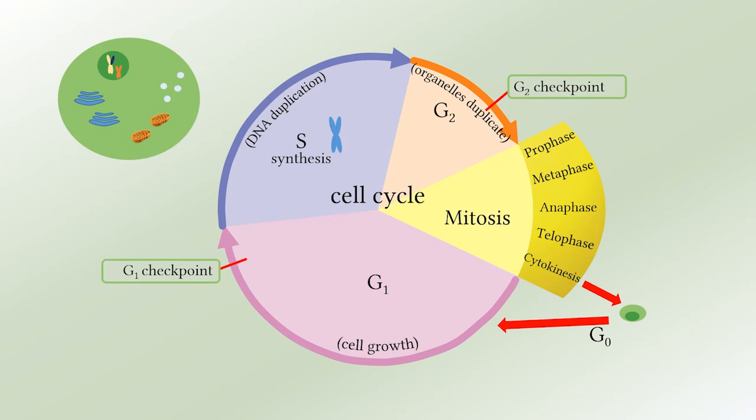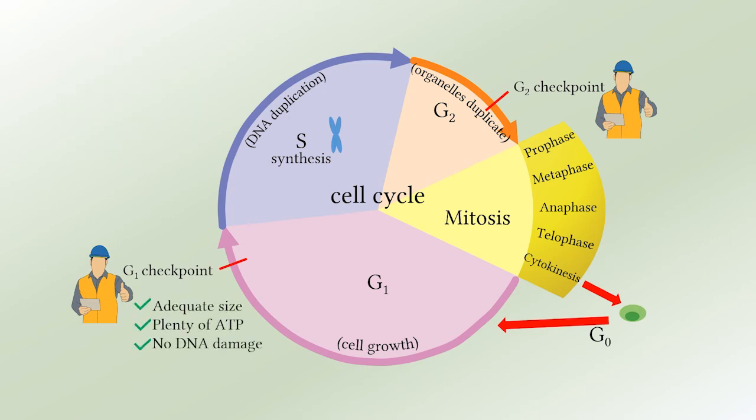You see, biologists learned that the cell uses internal checkpoints to make sure the cell is ready to divide. The G1 checkpoint is where cells have to meet the requirements for cell division. This means the cells have to have an adequate size, a good amount of ATP, and no DNA damage. Then, if everything is checked out to be good, the cell will enter the next stage, the S stage, where DNA is replicated.